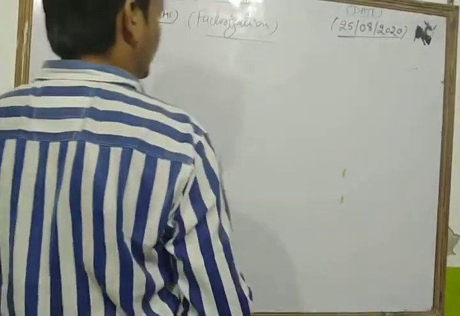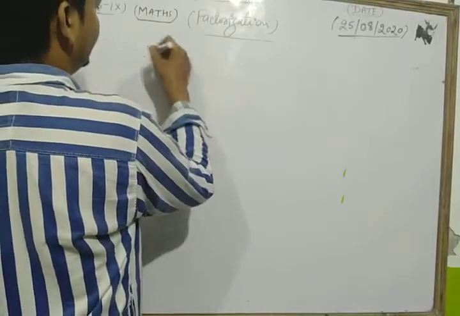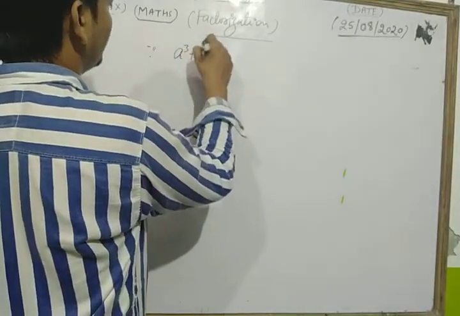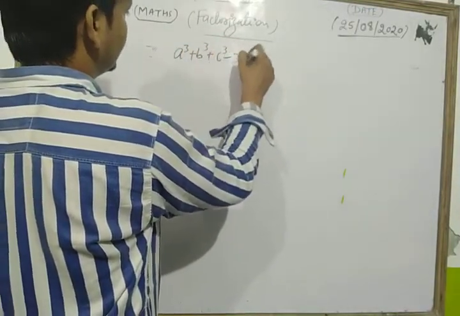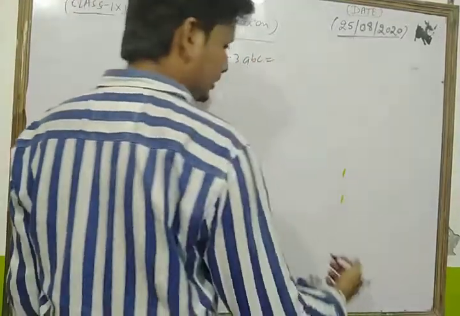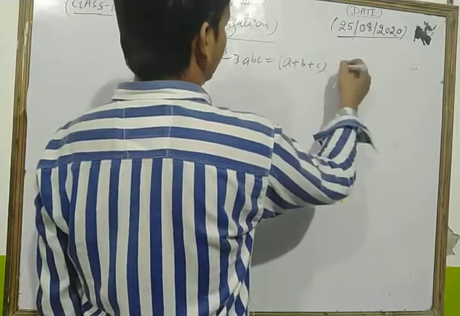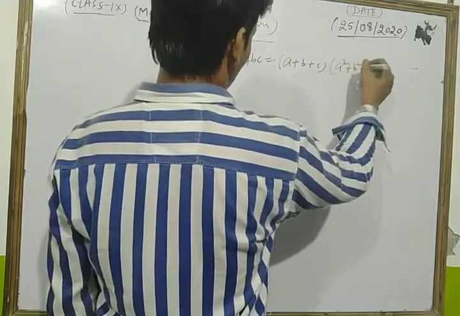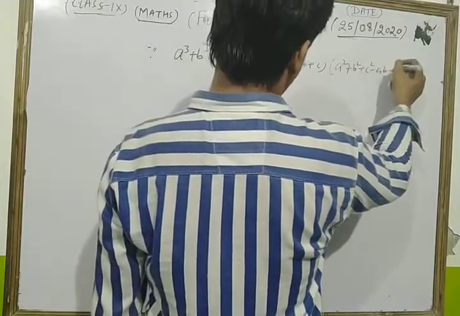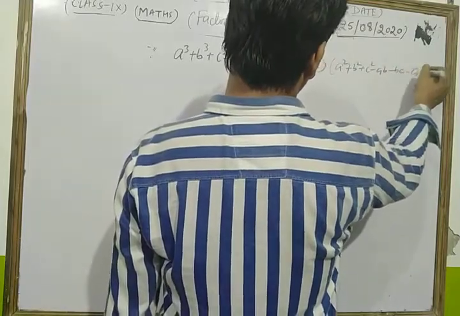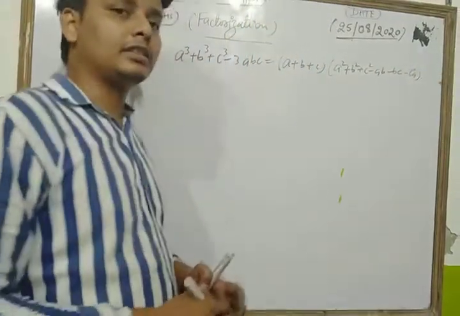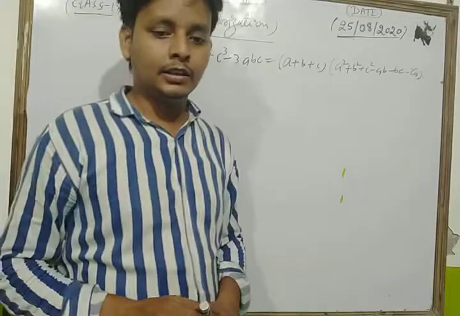We know that the identity a cube plus b cube plus c cube minus 3abc is what? It is a plus b plus c in one bracket, a square plus b square plus c square minus ab minus bc minus ca. Now we take some question based on that identity. Let's see. Factorize.